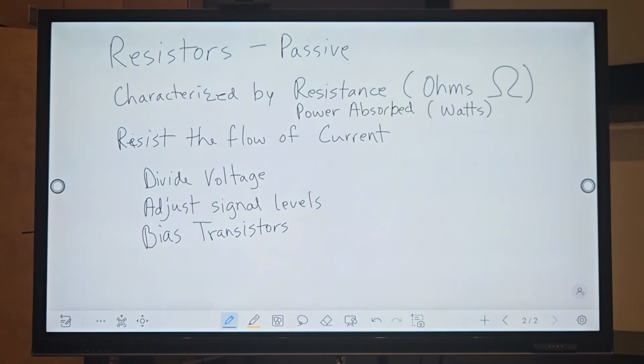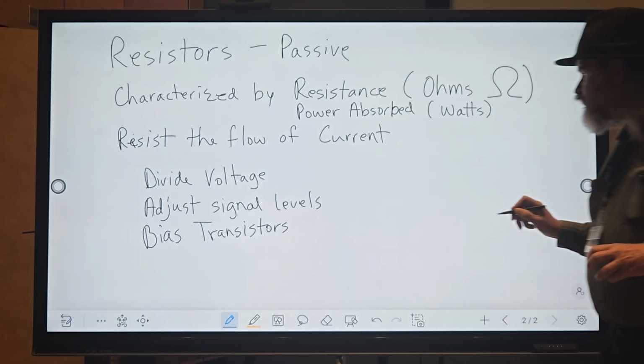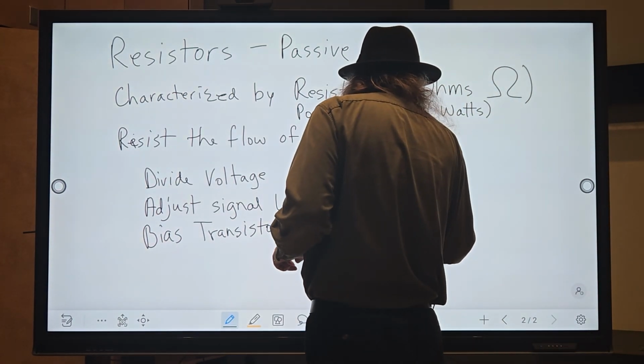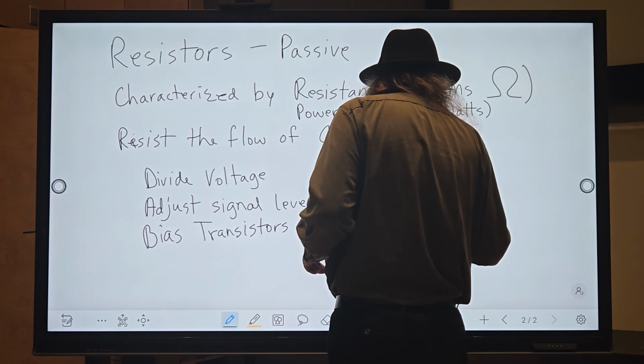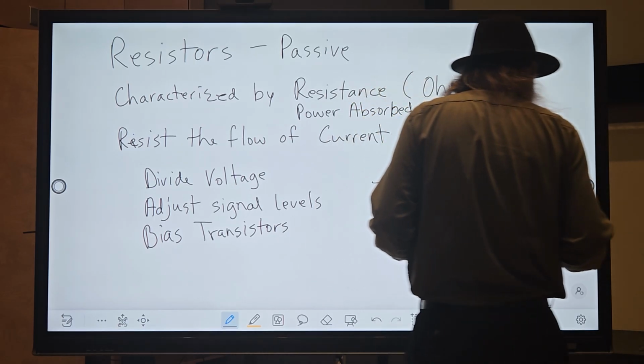Can't forget that. Now, the schematic symbol for a resistor is a squiggly line.